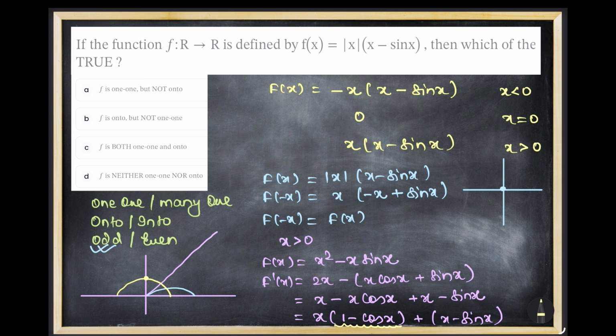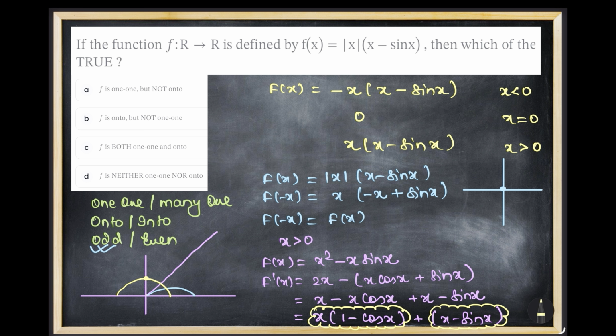This is a positive number. And this x is already positive, as you have taken x greater than 0. So all together, it is a positive number. Also, you know that the x function is always greater than the sine function. So this function will always be positive.